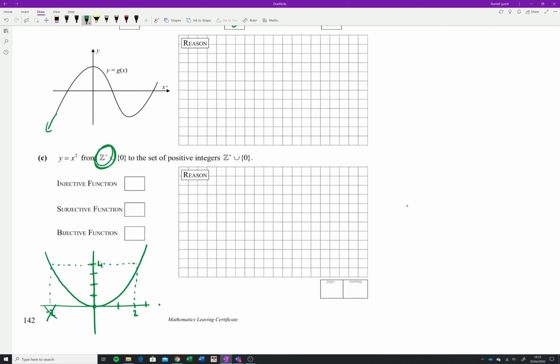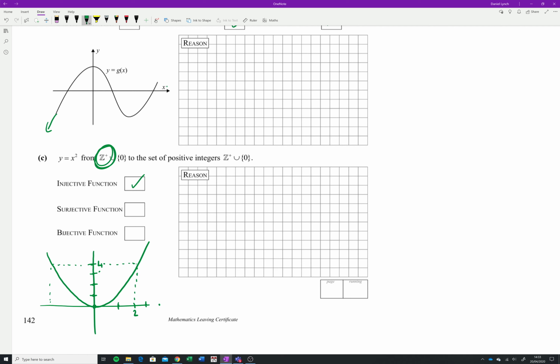So -2 is discounted. We're only looking at the values on this side here, so you can totally forget about what's happening on that side. So it turns out that this thing actually is injective. Every positive y value only has one positive x value attached to it, at most.